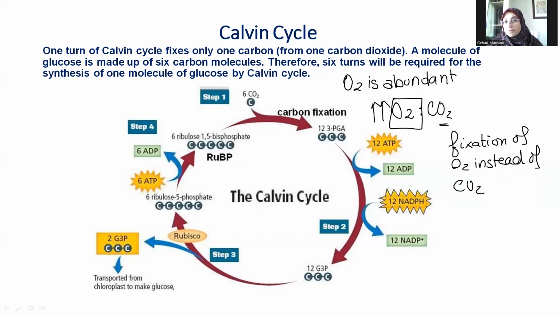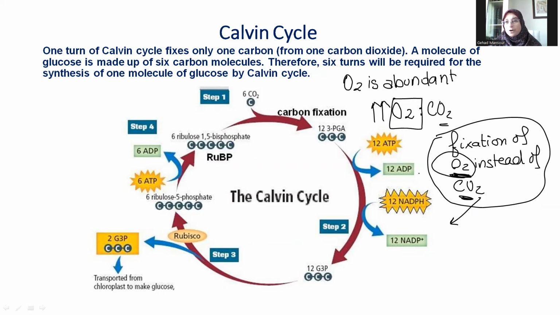How come Rubisco can do this? Carbon dioxide is the specific substrate of Rubisco, but actually oxygen can also be a substrate for Rubisco. So Rubisco cannot differentiate between the two. Rubisco can fix oxygen instead of carbon dioxide. But unfortunately, when Rubisco fixes oxygen instead of carbon dioxide, it looks like respiration. Fixation of oxygen will result in oxidation finally.